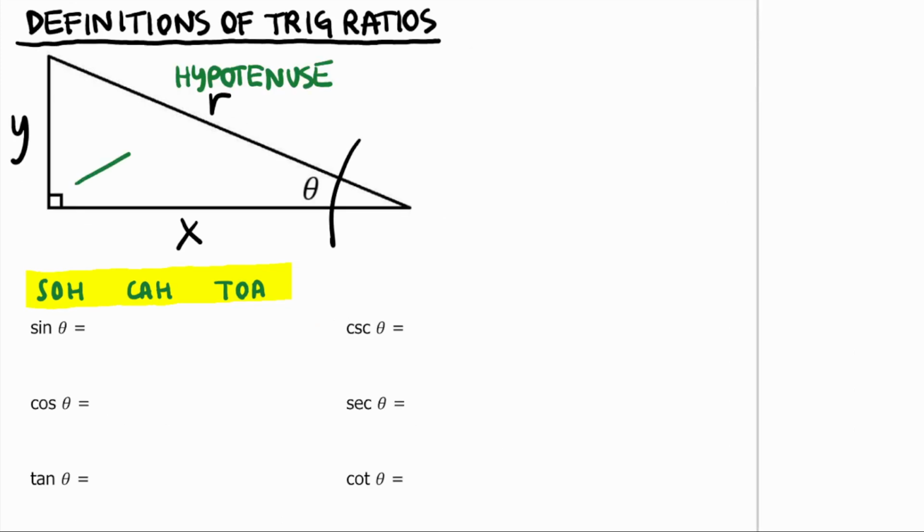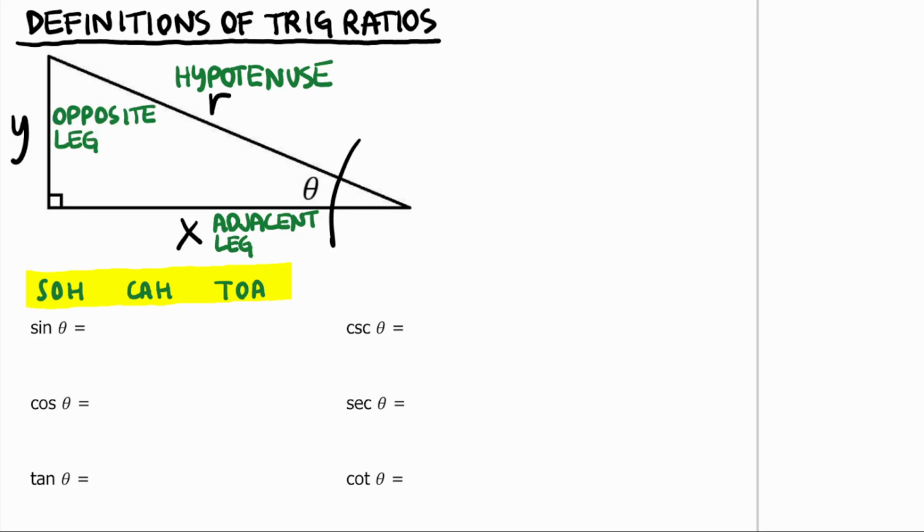That's always the side across from the right angle. It's the longest side on a right triangle. And then we've got two legs. There's a leg closer to the angle we're talking about, theta, that's x. We call that the adjacent leg. And then there's the other leg that's farther away. That would be y. We call that the opposite leg.